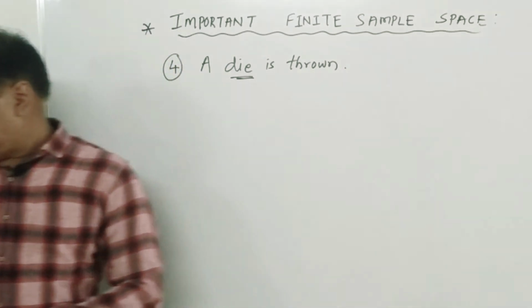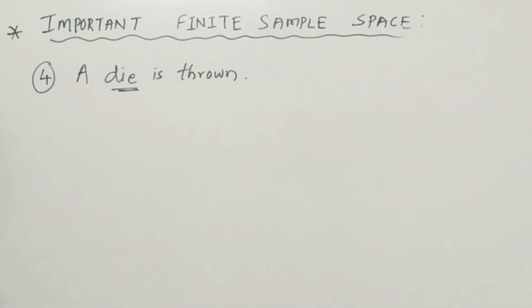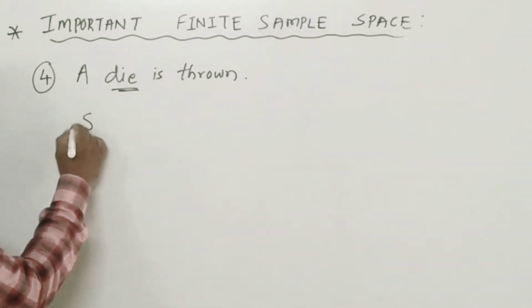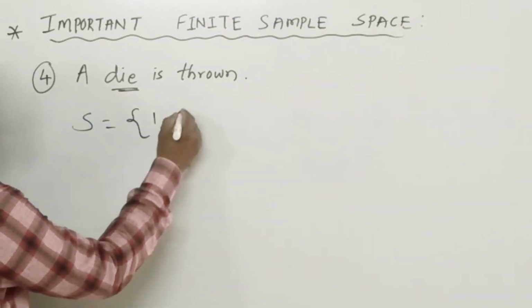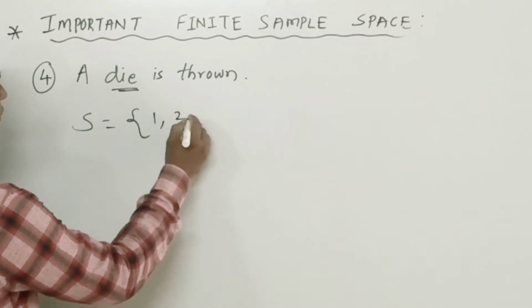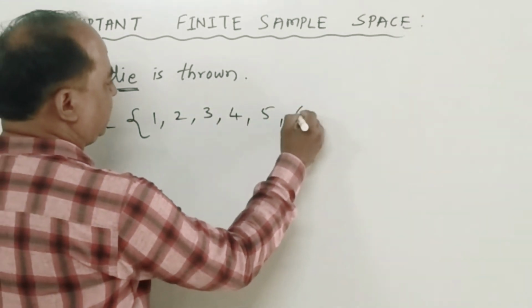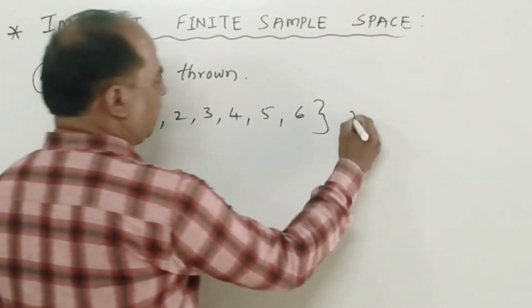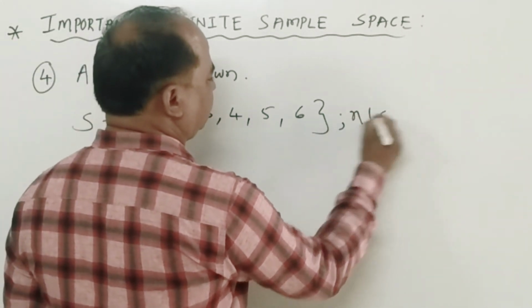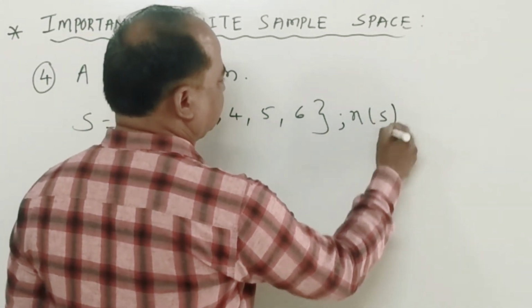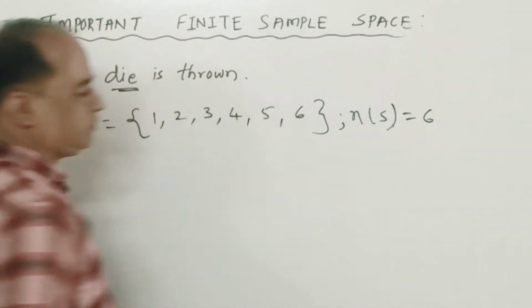So when a die is thrown, there are 6 outcomes. So S is equal to {1, 2, 3, 4, 5, 6}. So n(S) is equal to 6.